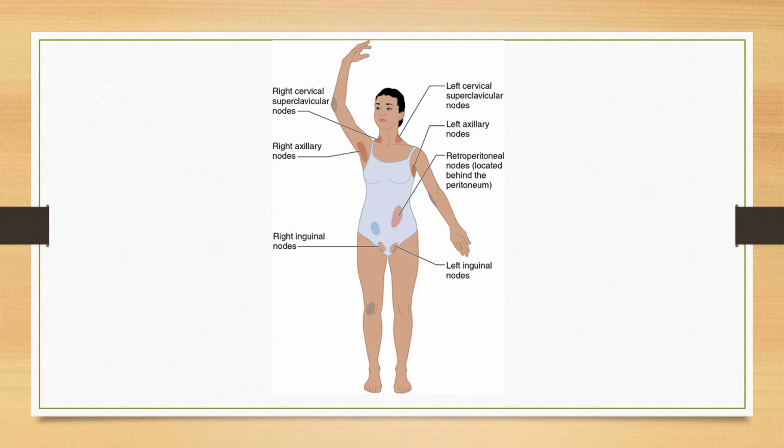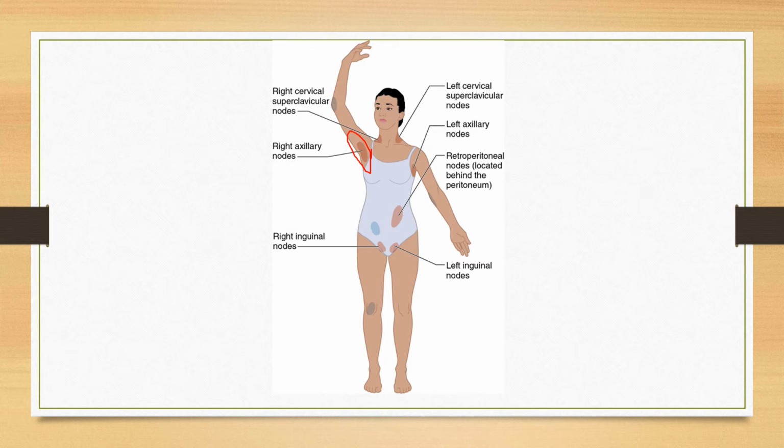And this is just a picture of common lymph nodes throughout the body that we check the most often. And so let me get my pen here. So when people talk about breast cancer and that it's spread to their nodes, it's the axillary nodes here.